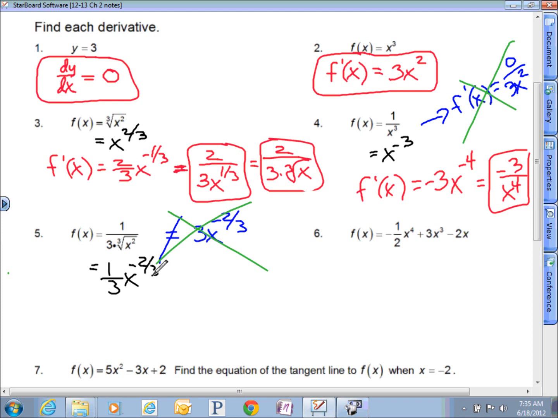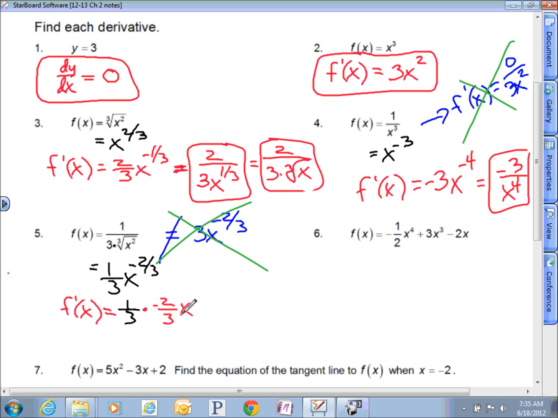So now when I go to take my derivative, well, the 1/3 is a constant, so let's bring that along for the ride. And now we're going to multiply that by the derivative of x to the negative 2/3. Well, we already did this once, so bring the new power down, so multiply by negative 2/3 and subtract 1 from the power.